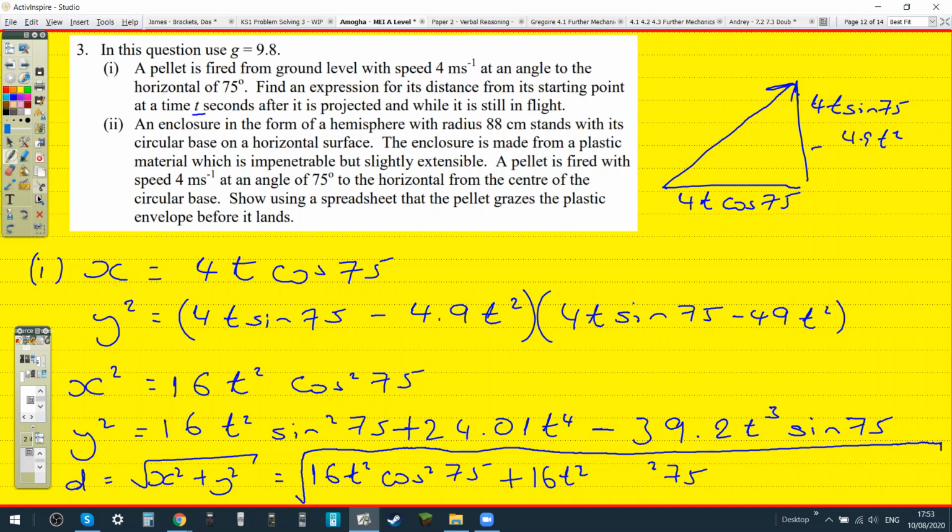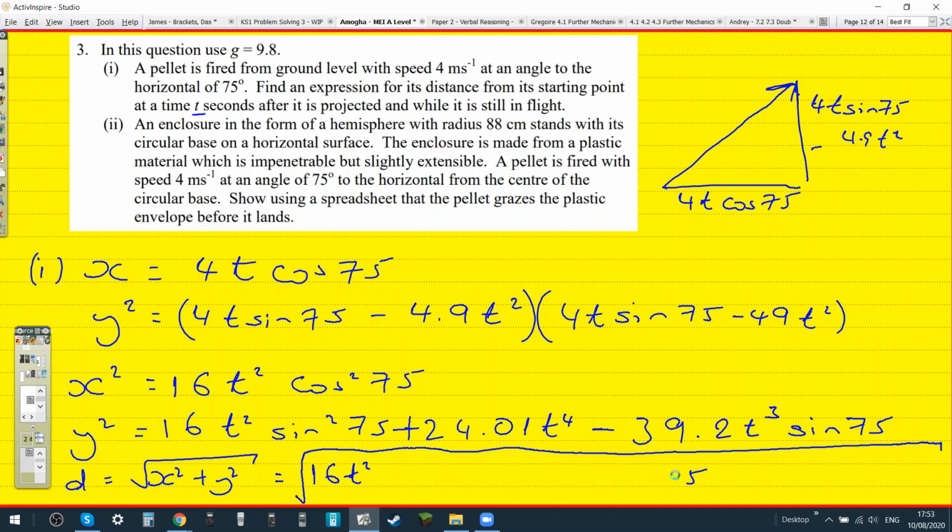So maybe something does happen in there. Oh yeah, that just gives you 16t squared. I'm running out of space here, so I'll just do that. So 16t squared plus 24.01t to the power of 4.